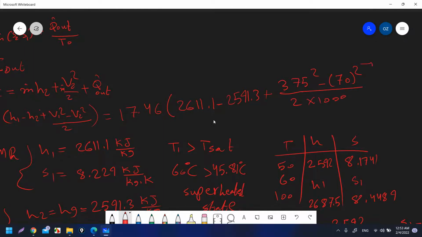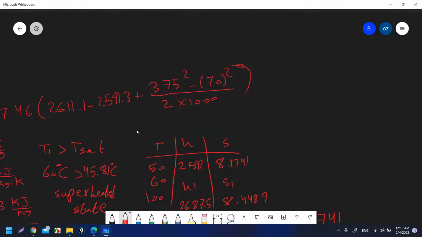This will give you Q dot out equal to 1531 kilojoule per second, or kilowatt. Kilo is a small k.